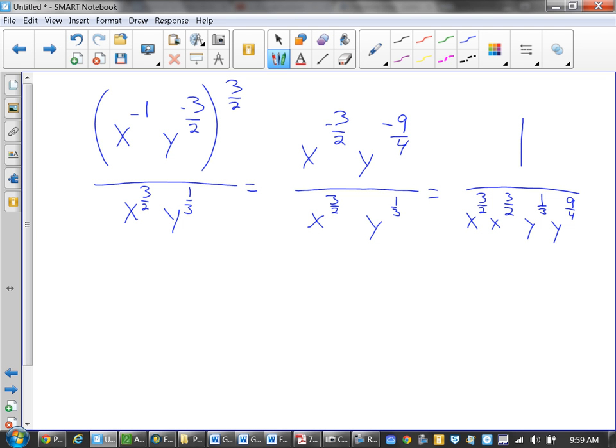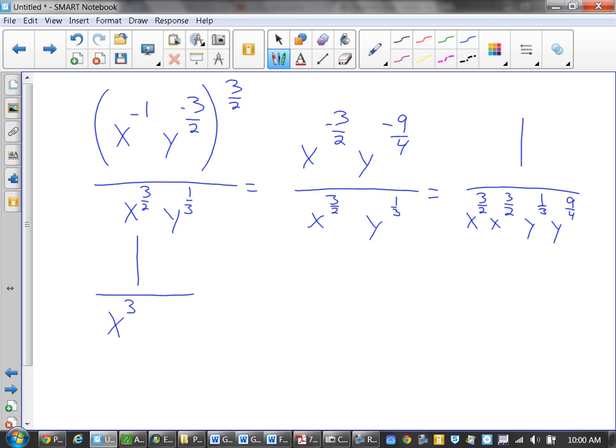Now I'm going to work on combining them. If I'm looking at the variables of x, I have the same base, different exponents, so I have to add my exponents together. What's 3/2 plus 3/2? 6/2, which is 3. So it becomes 1 over x cubed.